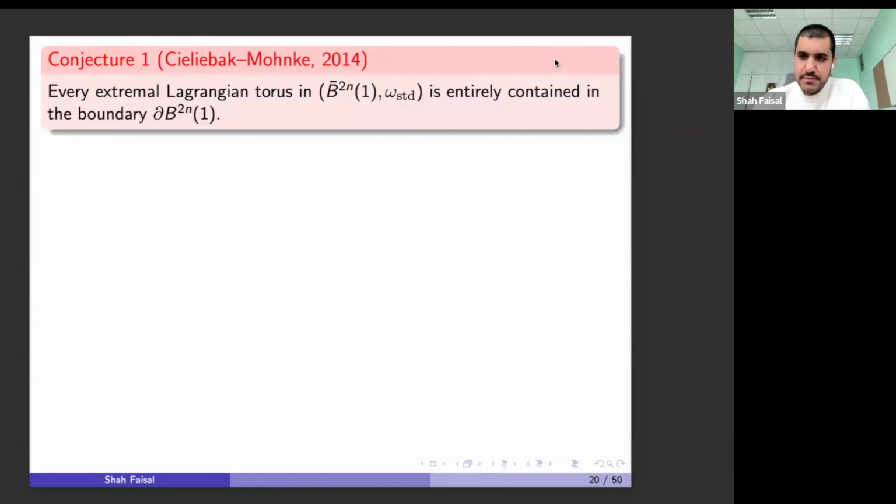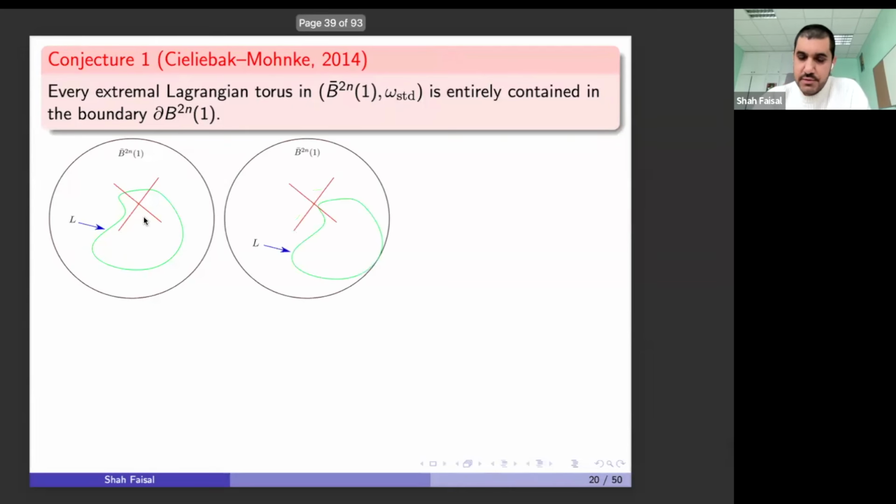And to prove it, using the previous theorem, it means that every Lagrangian torus of symplectic area 1/n in the ball is completely contained in the boundary. For instance, this picture is not allowed, so it cannot be in the interior. This one touches the boundary, but also the interior. And the only possibility that is allowed is this, where you have the whole torus on the boundary.